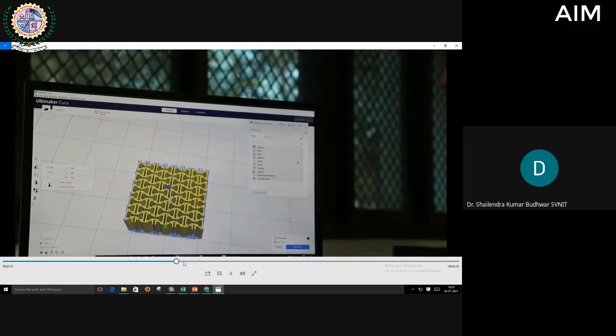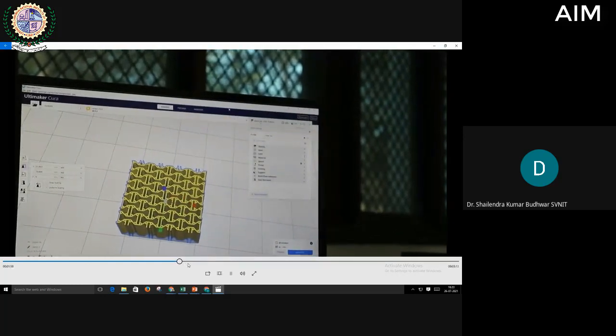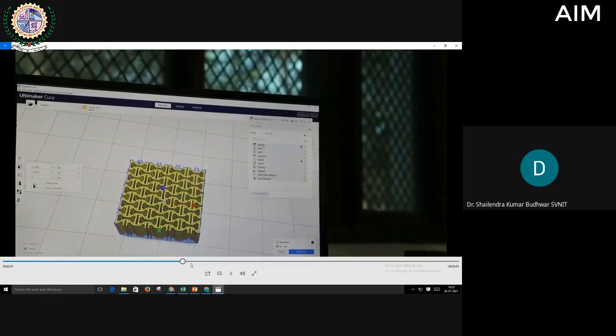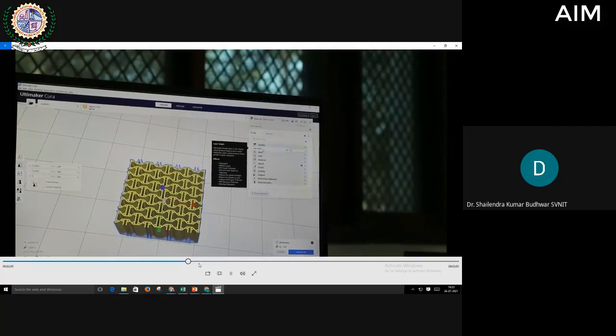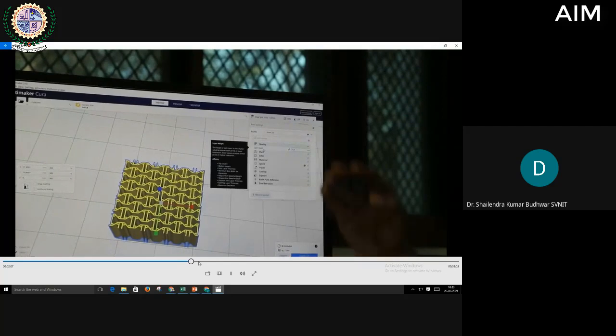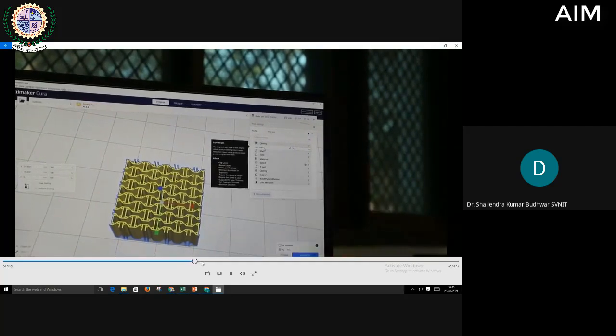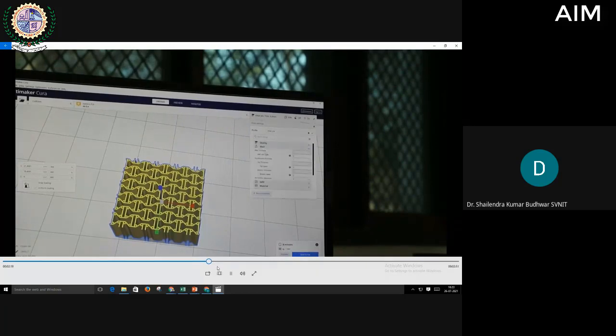So here you can change process parameter settings. So quality is layer height, the height to which nozzle will move upward or bed will move downward to exactly the value given over here in mm. So we have given 0.3 mm. Shell, this is wall thickness.